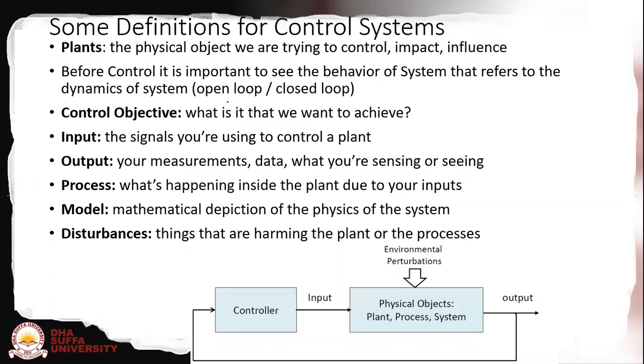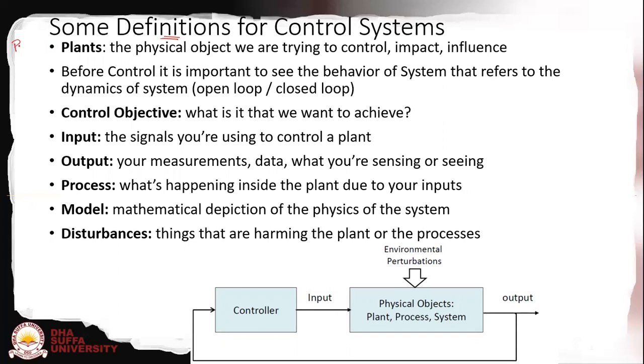So before moving ahead, let's review the basic definitions about the control systems. You must have heard about and studied the control system before. So in control system, we start with something called plant.